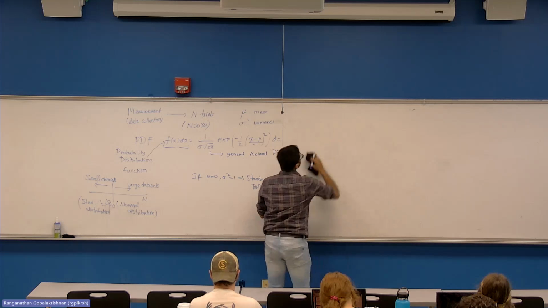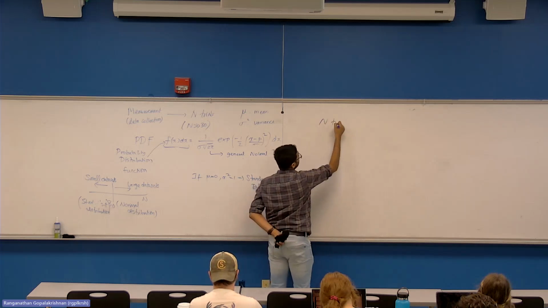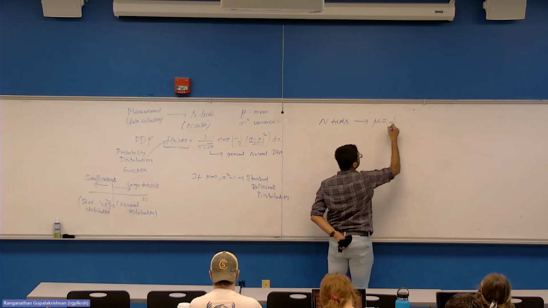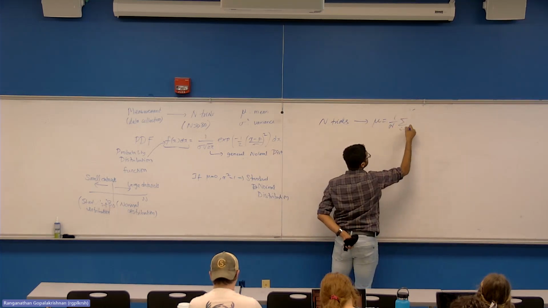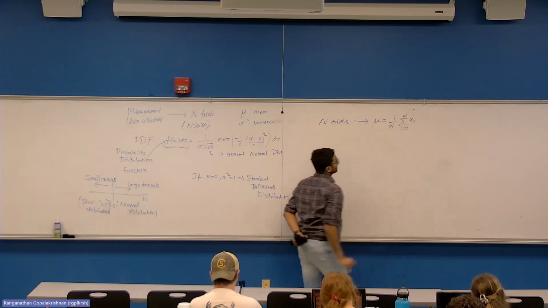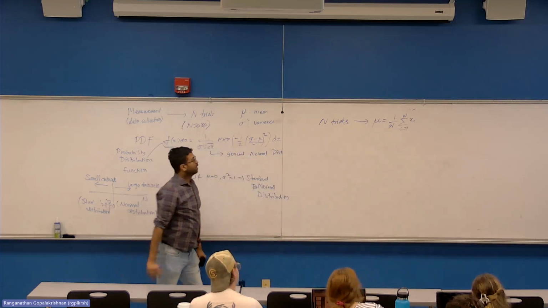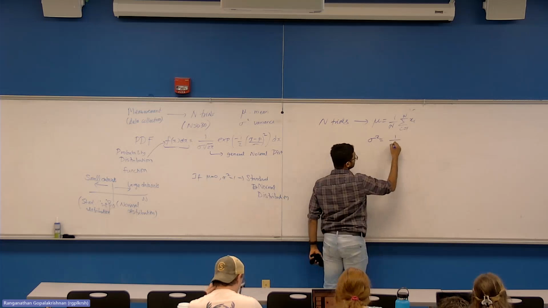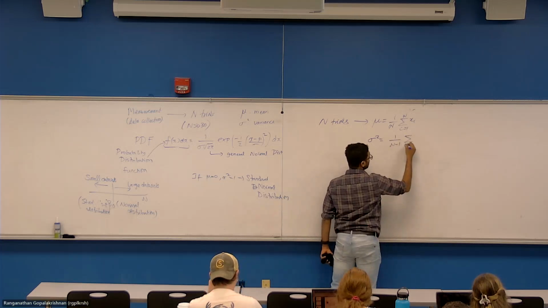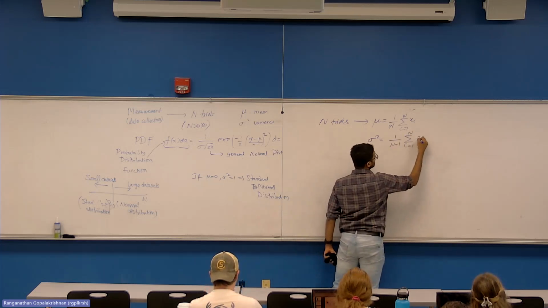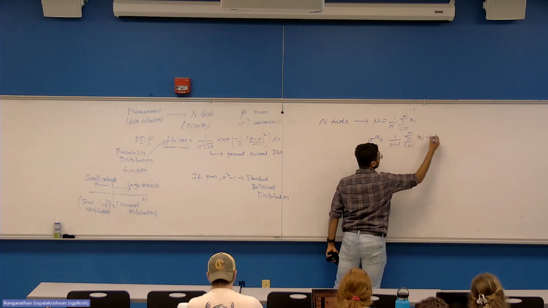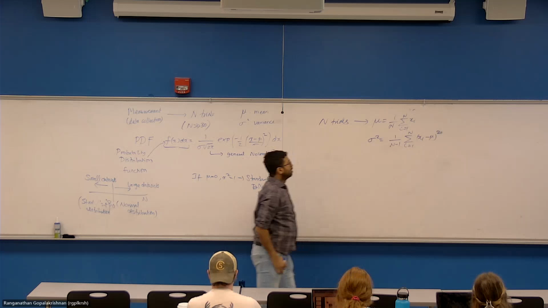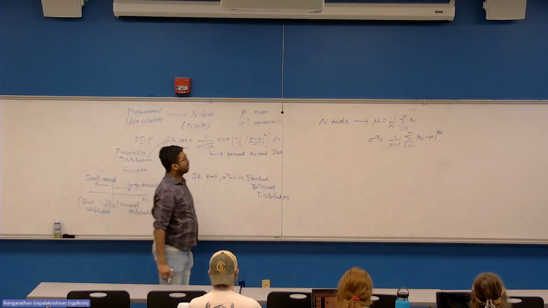If you do n trials, from that you get a mean, which is 1 over n sum of xi, and you also get a variance sigma squared, which is 1 over n minus 1, sum from i equals 1 to n of xi minus mu, whole squared.